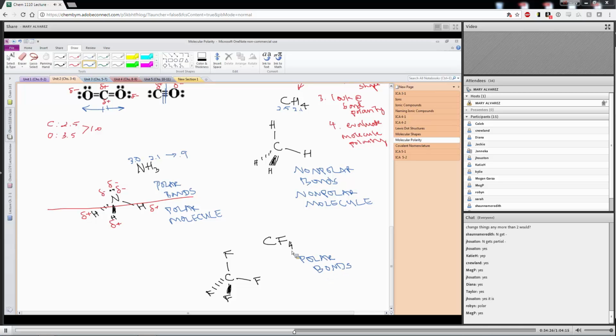And you guys came up with that because carbon is 2.5 and fluorine is 4.0, right? Difference of 1.5, that's definitely within our range. Okay. So now let's put in the bond polarity here. Which side gets the plus and which side gets the minus?